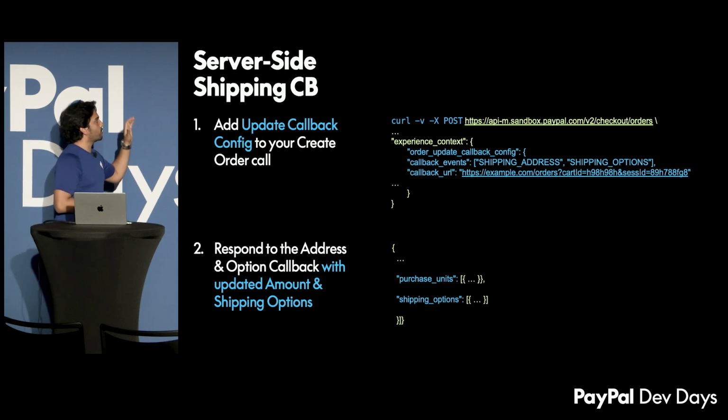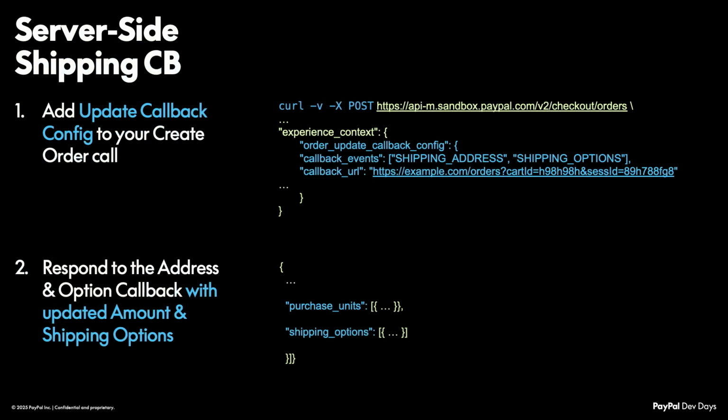So just to go over the actual code changes, again, we're dealing with the experience context in the create order merchant side server call. Within experience context, we've got the config there. So just tackling that first line item there, we've got callback events. So this is where the merchant basically lets PayPal know what callback events they want to subscribe to.